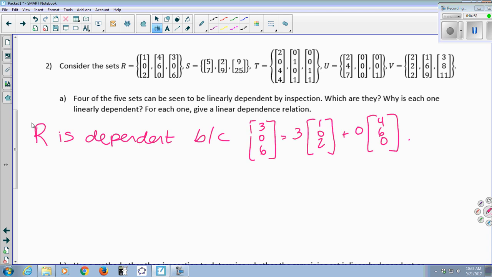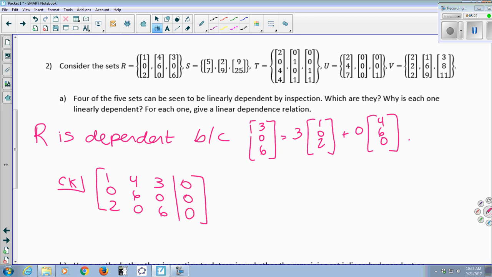Now, if that didn't occur to you right away, to check if you didn't see that, you would just set up a matrix where you augment this with zeros: 1, 0, 2, 4, 6, 0, 3, 0, 6, augmented with zeros, and see, do you have only the trivial solution?